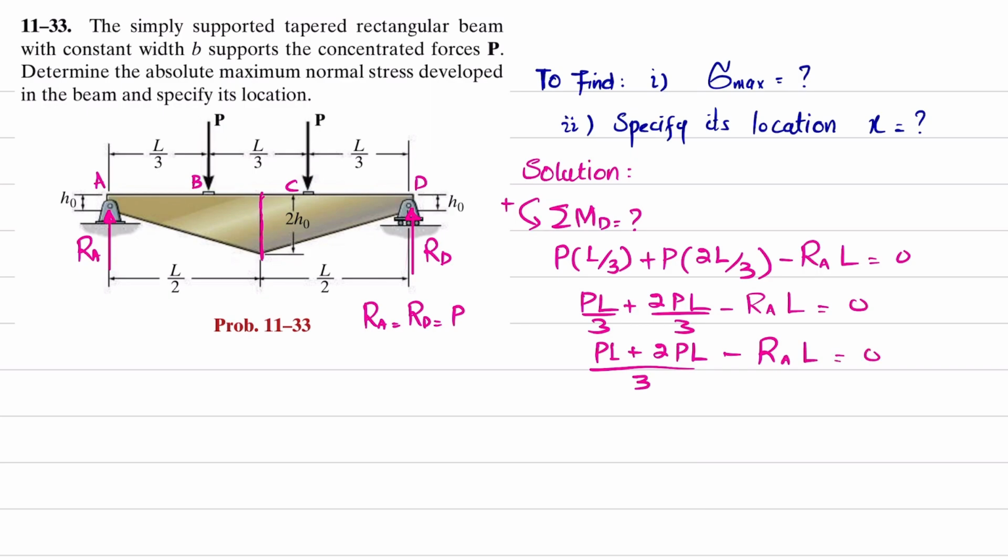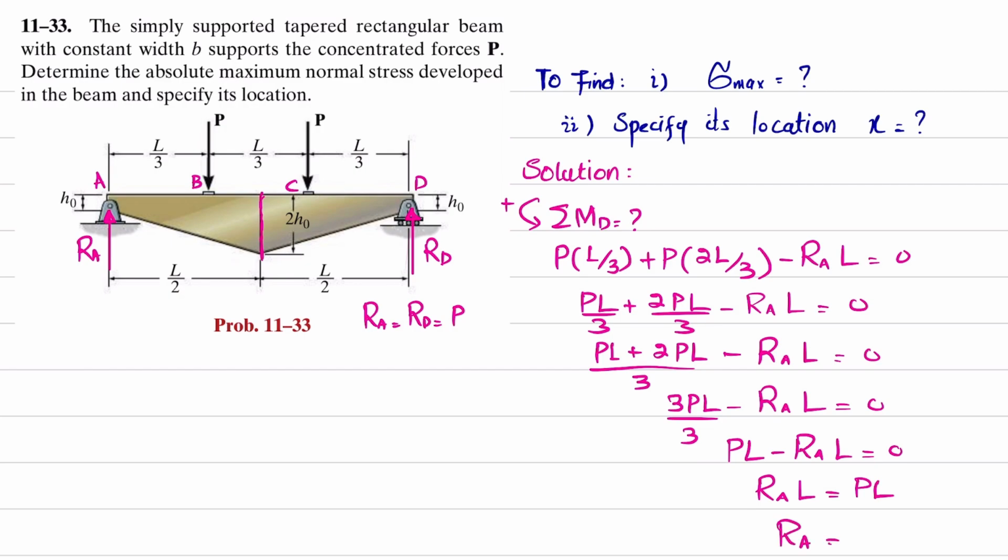So we will have 3PL over 3 minus RA times L is equal to 0. So PL minus RA times L is equal to 0. So RA times L is equal to PL, and you will get RA is equal to P.